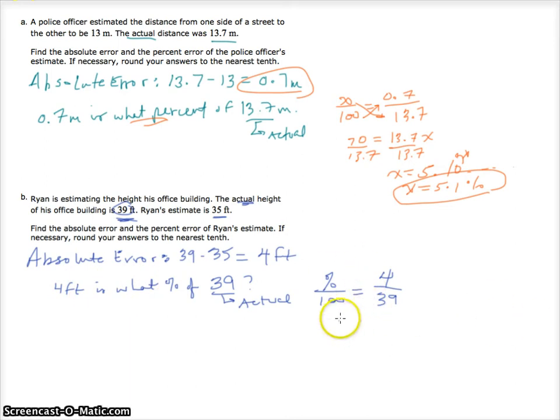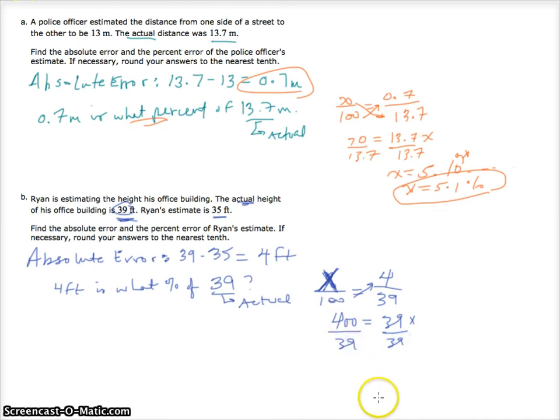Now I can cross multiply and divide. And this should be x, excuse me. 4 times 100 is 400. x times 39 is 39x. I'm going to divide both sides by 39.